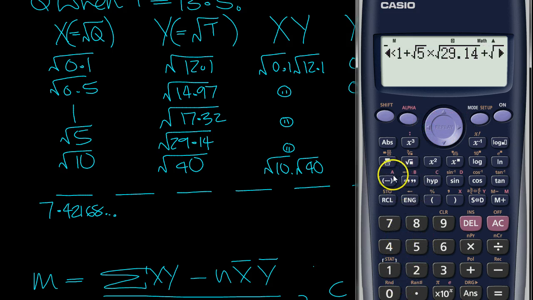So root 10 times the square root of 40 times root 10. So I think that's everything for the products.